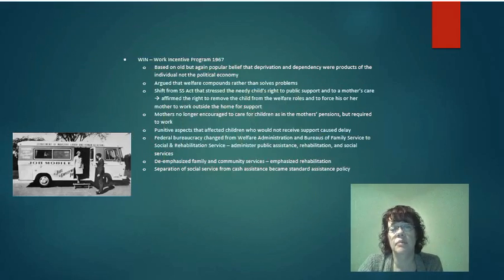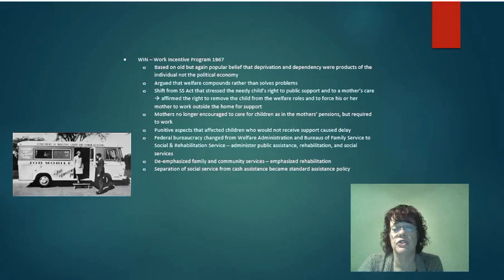The WIN program is the Work Incentive Program of 1967. It's based on an old but again popular belief that deprivation and dependency were products of the individual, not the political economy. It argued that welfare compounds rather than solves the problem.